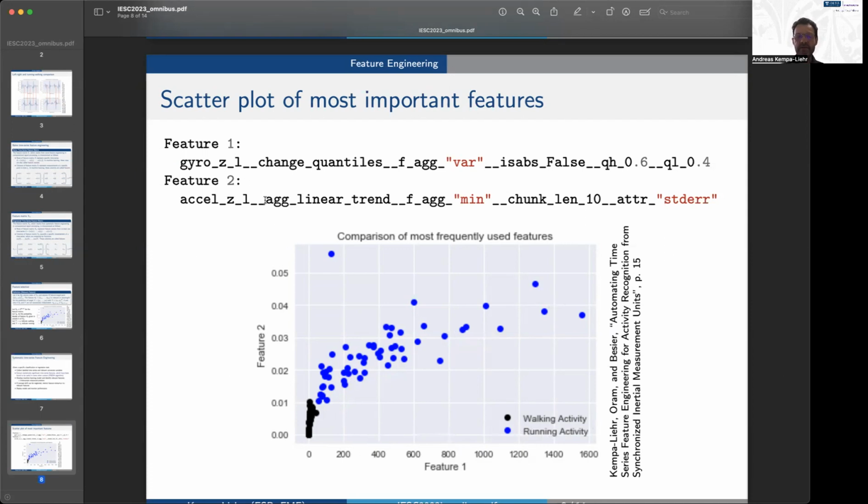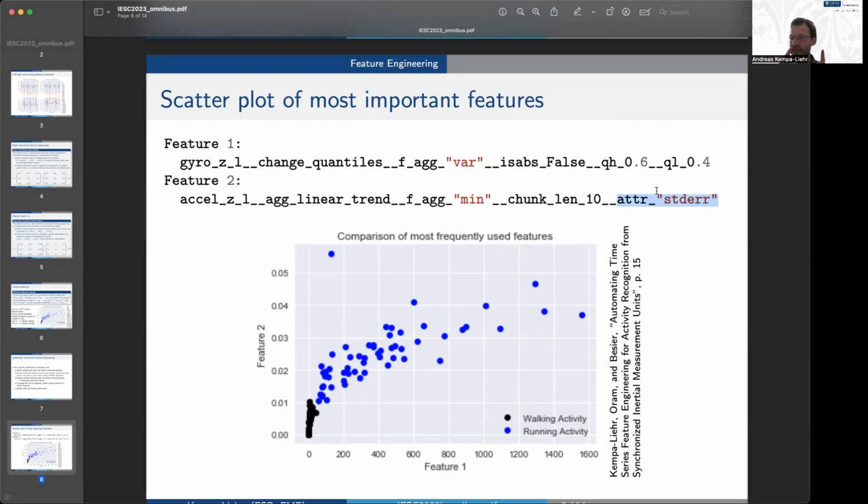The second feature, on the y-axis, is computed from the acceleration in Z direction, also from the left sensor. Here we have the aggregated linear trend. The idea is to decompose every input time window into smaller subsets of 10 values, fit a linear model to each, and then for each of these linear models compute the standard error obtained from the fitted linear model.